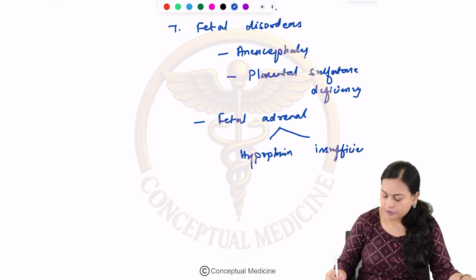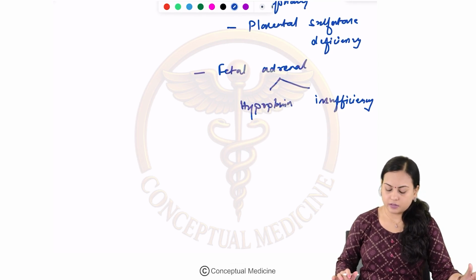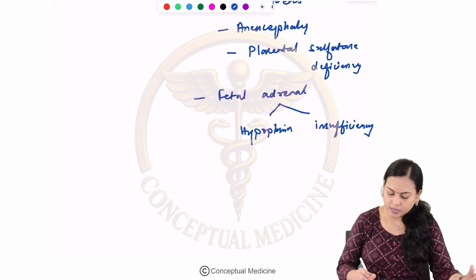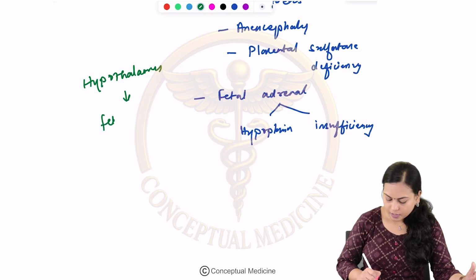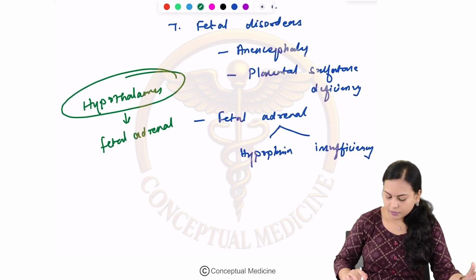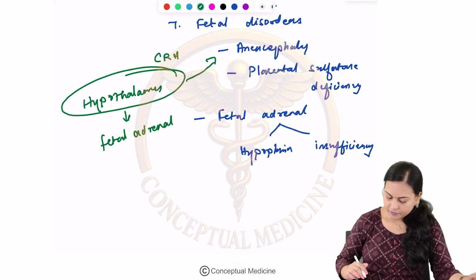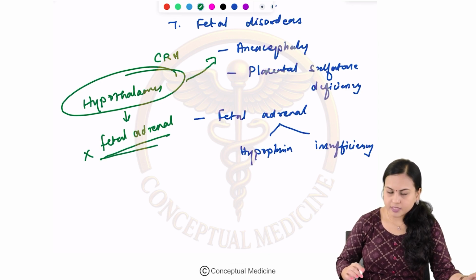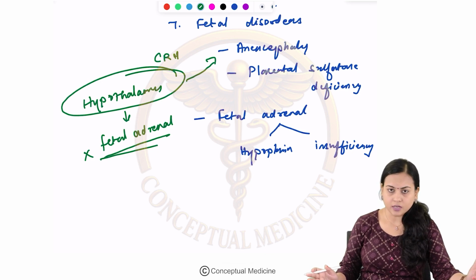I hope you have understood in the labor chapter how the hypothalamus and fetal adrenal axis are involved in the labor process. If there is anencephaly, the hypothalamus is not there to secrete the hormone CRH, and if the fetal adrenal gland is not functioning, cortisol is not produced, which is going to induce the labor.